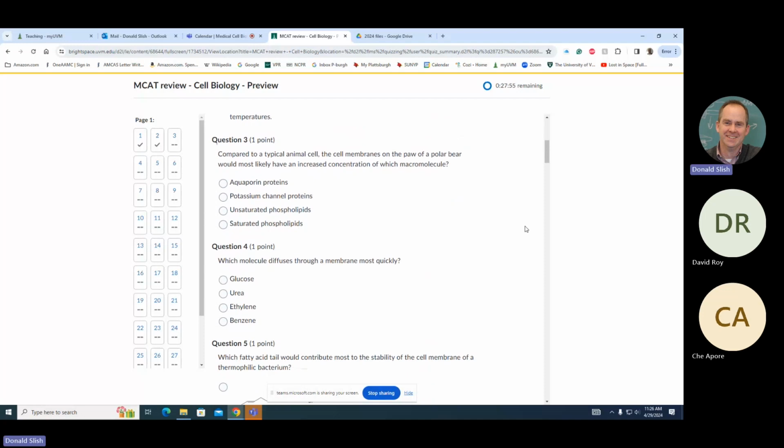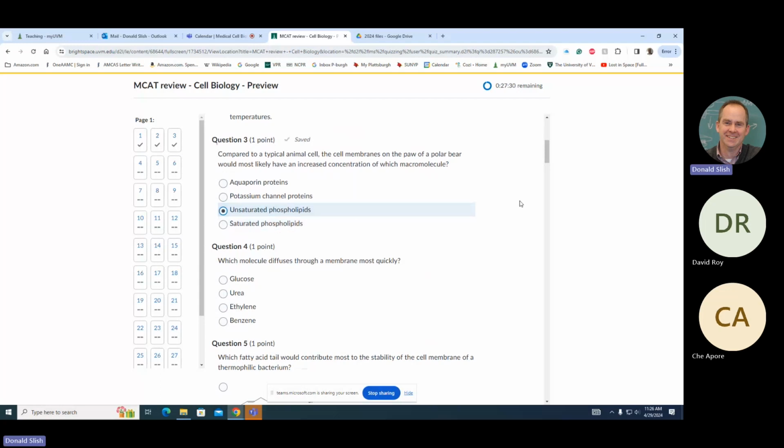Compared to a typical animal cell membrane, that of the polar bear. So what are we looking at here? Why are we saying this? I didn't know if it was talking about contact with water while they're swimming, or cold when they're walking. Yeah, I think it's the cold.